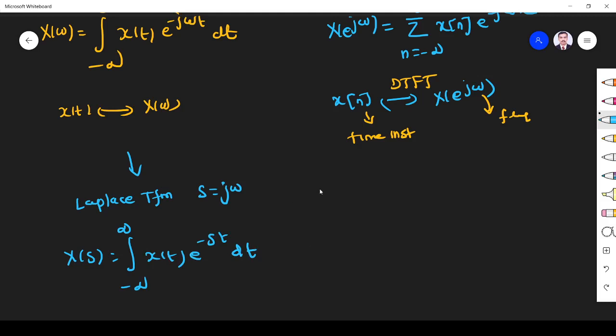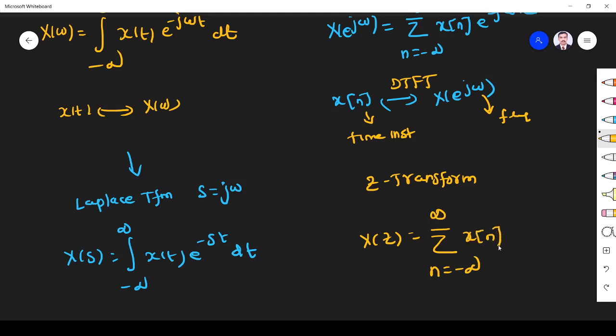So the equivalent version of Laplace transform in discrete domain is z transform, right? So here X of z, here integration as usual, for discrete, summation. Integral with respect to t, here summation with respect to n. N goes from minus infinity to plus infinity.